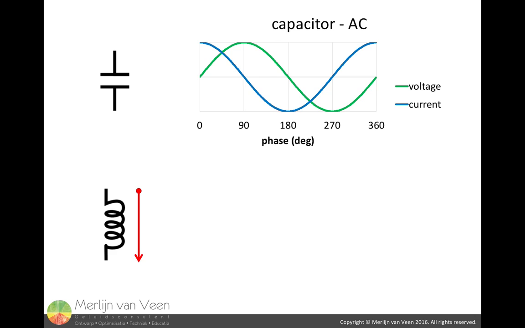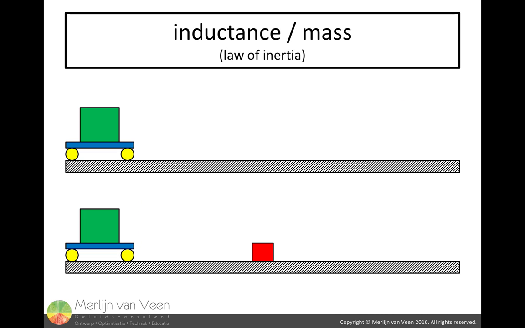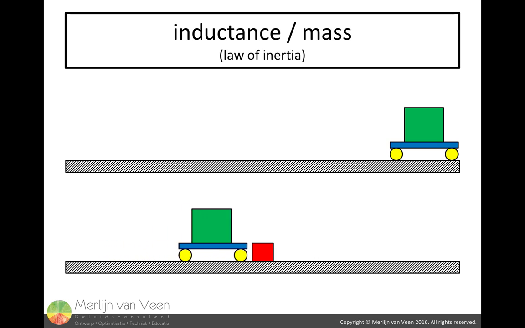Inductors, on the other hand, oppose alternating current. From a DC point of view, an inductor is a straight wire allowing current to pass in a single direction. In the mechanical domain, inductance is analogous to mass. The law of inertia tells us that mass opposes a change in velocity, analogous to current.